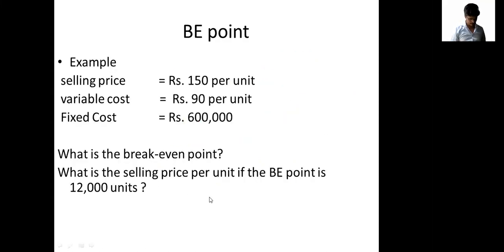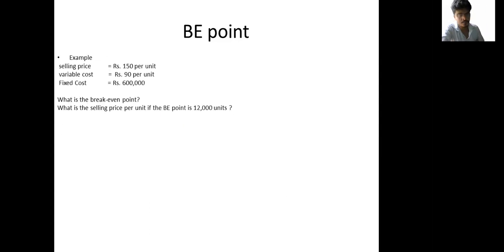Now calculate the answer for this one. Selling price 150, variable cost 90. Fixed cost 600,000. Let's see.